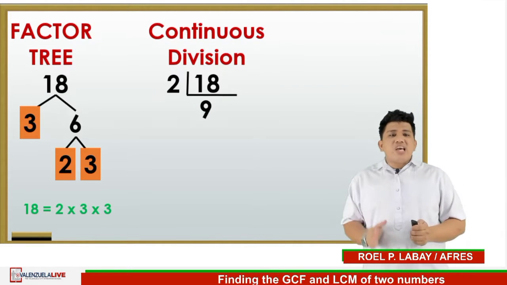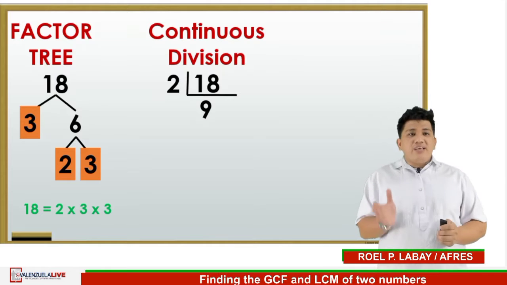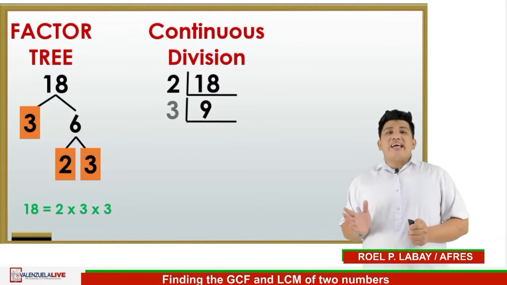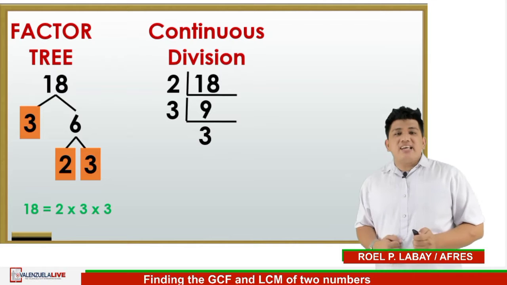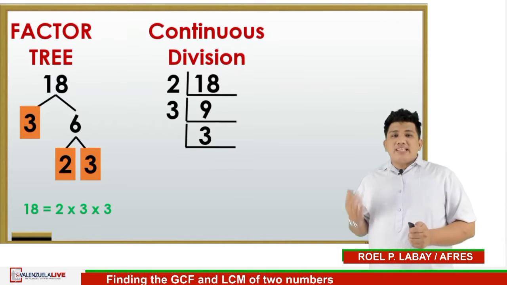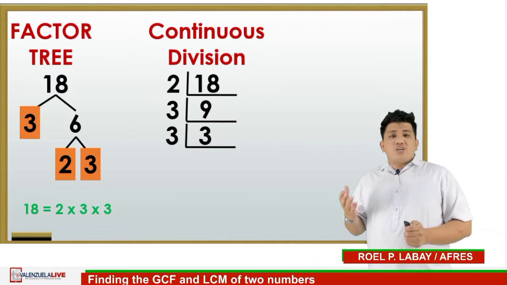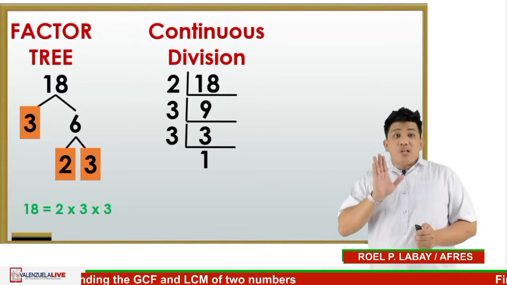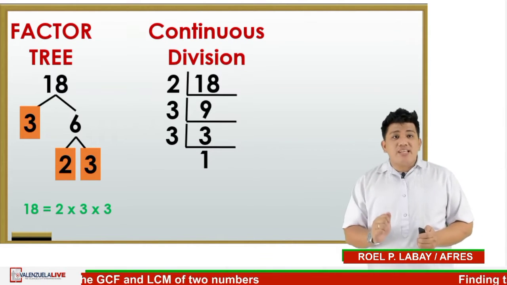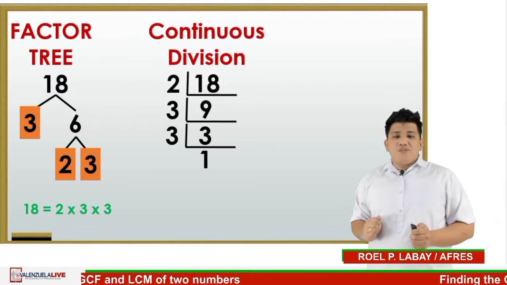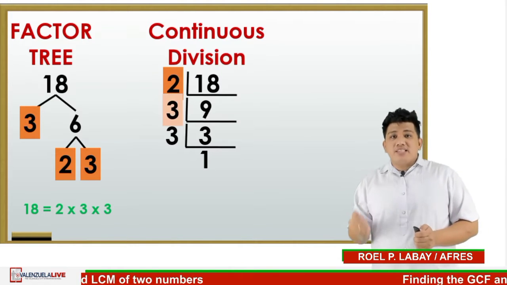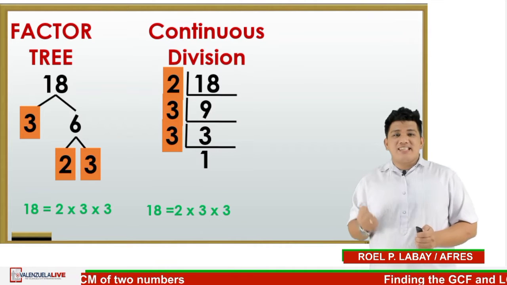Again, let's think of a prime number that we can divide to 9. We can divide 9 by 3, and the answer is 3. 3 can be divided by 3, which is a prime number, and the quotient is 1. We will stop the division process because the quotient now is 1. Therefore, the prime factors of 18 are 2 times 3 times 3.